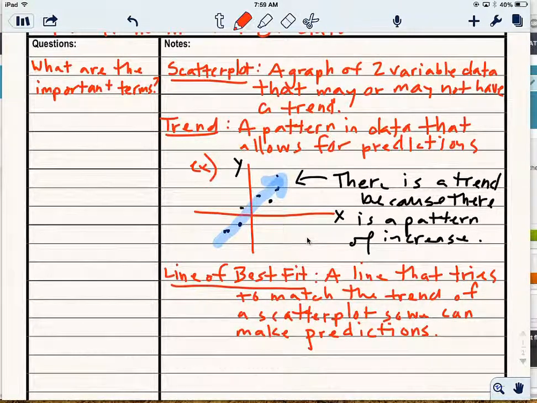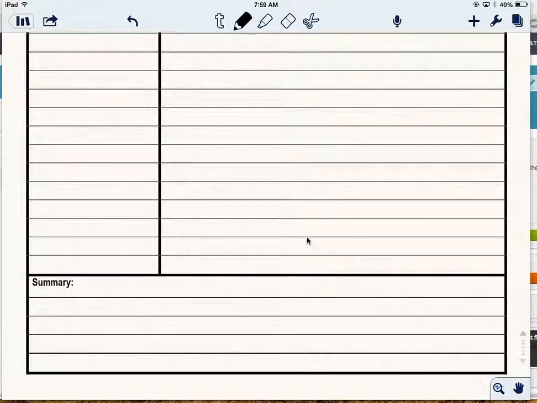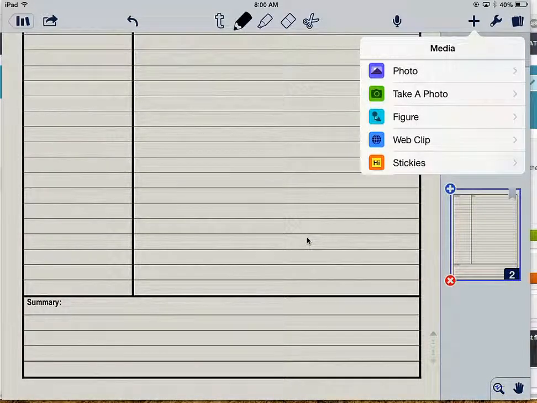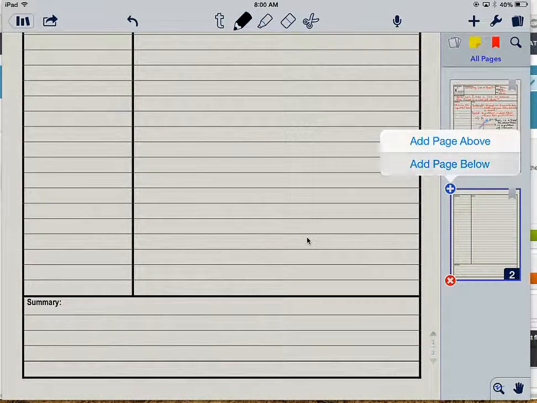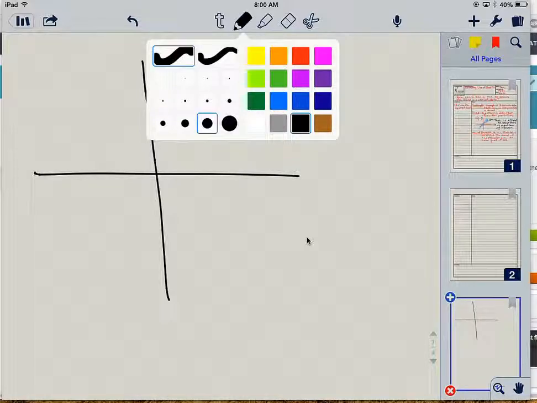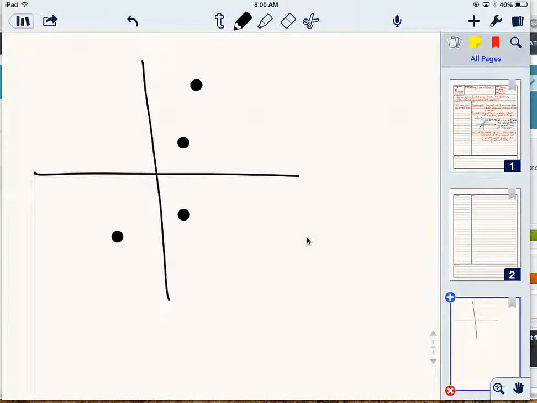We can look at some examples here. I'll jump to an extra page to show you some examples. You don't have to write this part down. If I'm looking at a data set, several possibilities are available. I might see a data set where, like before, I can see a really clear trend. And if there's a really clear trend, I want to do something to try to estimate that trend.